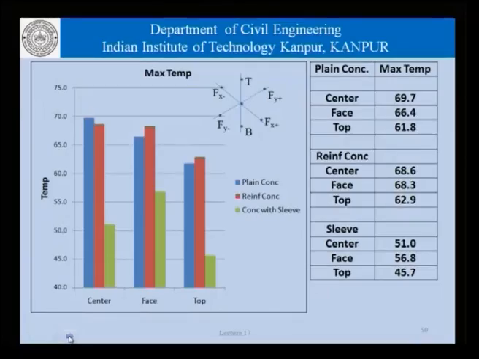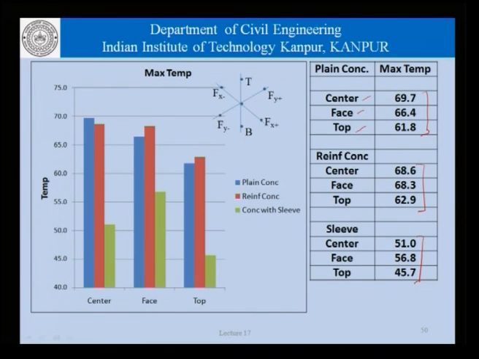If we look at a graphical representation of these temperatures, if we look at plain concrete, the center, the face and the top, these are the values. In reinforced concrete, these are the values, and the center of the specimen with the sleeve, these are the values.